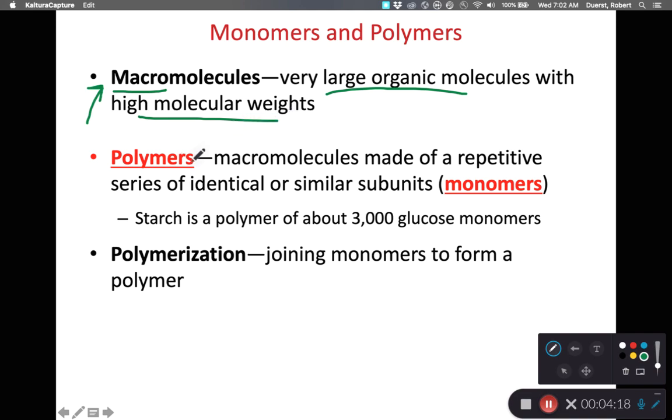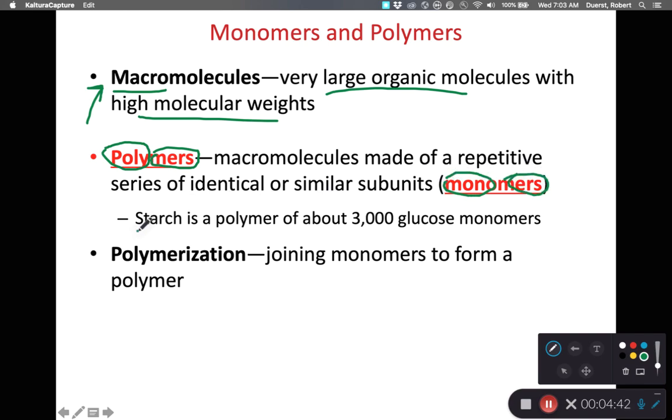As we look at this word polymer, I want you to think poly for many, and when you see this word mer, I want you to think subunits. So polymer means many subunits. A polymer could be a macromolecule that has repetitive subunits, or monomers. Mono meaning one, mer meaning subunit.